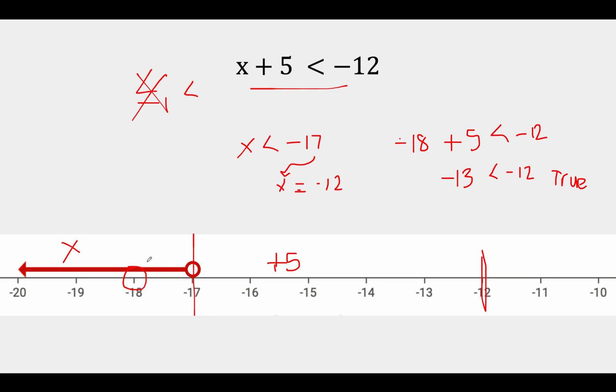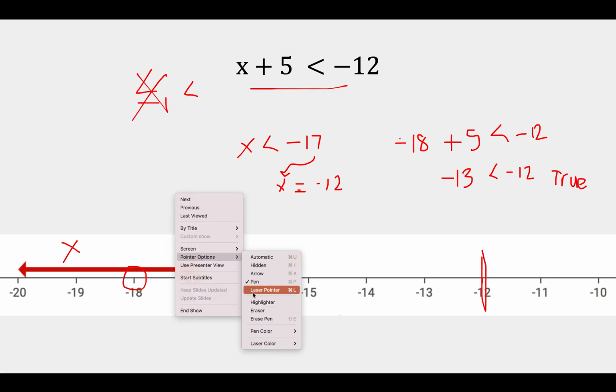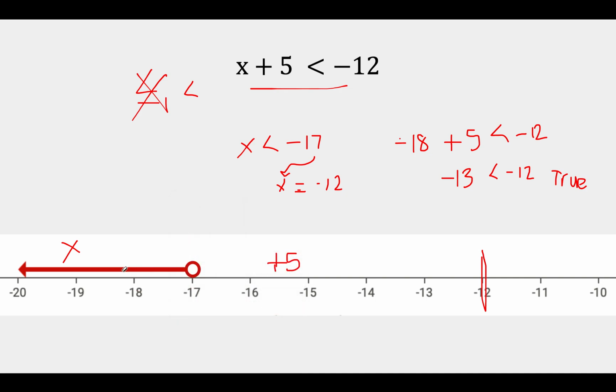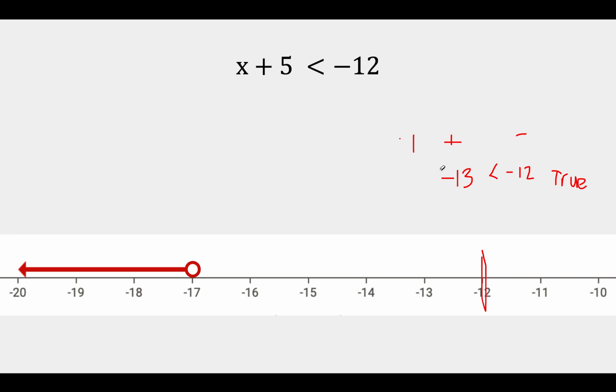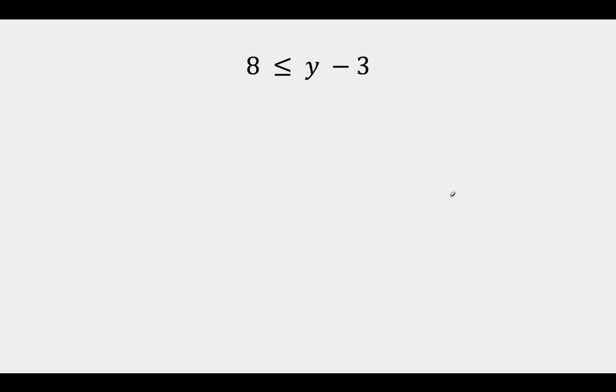So that's why when we're drawing this on our number line, we actually don't use a closed circle. We use an open circle. That just communicates that we're not including 17. We're just including anything less than negative 17.